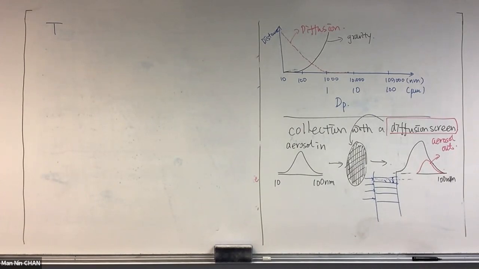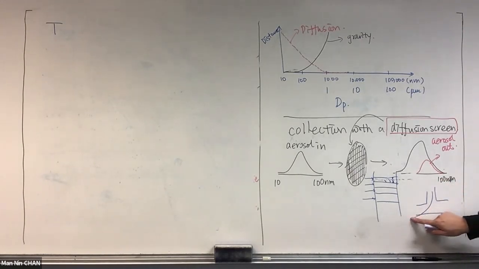Yes, some large particles will also be trapped, but not that significant. The idea to collect a large particle, remember the interaction, is that we need to change the direction of your flow.